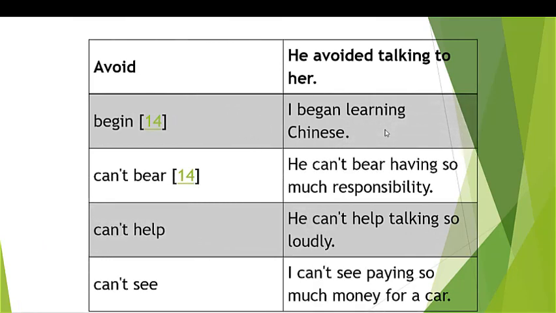Avoid. He avoided talking to her. I began learning Chinese. He can't bear having so much responsibility. He can't help talking so loudly. I can see he's paying so much attention.